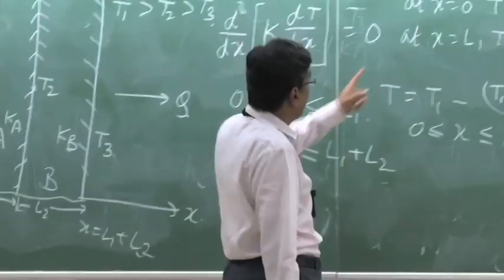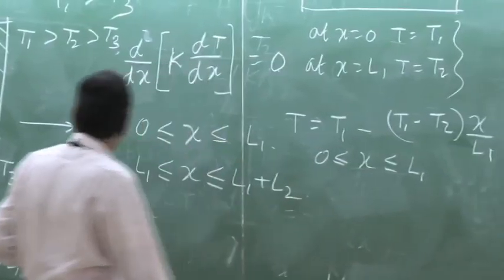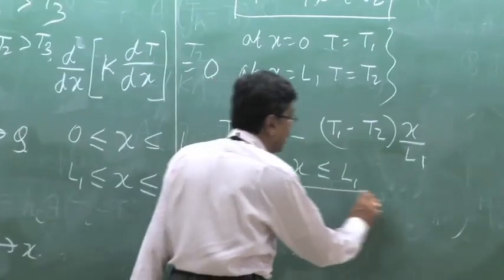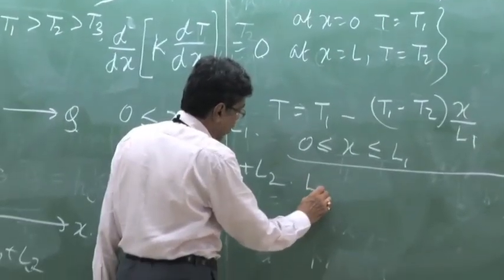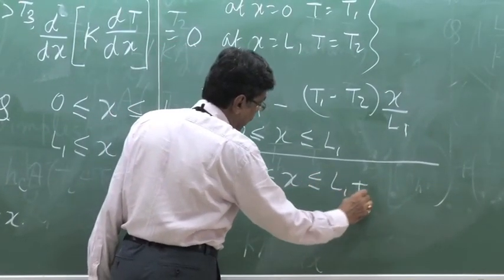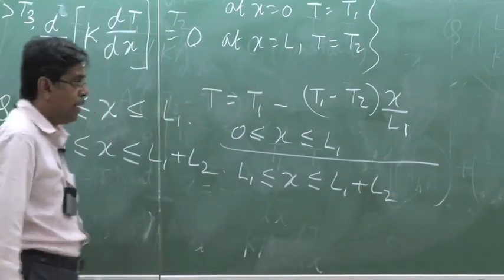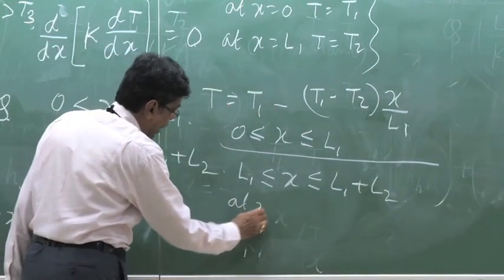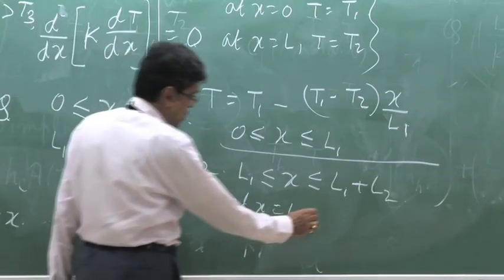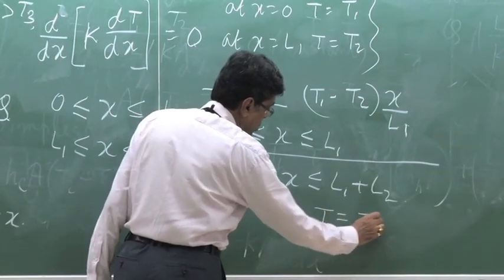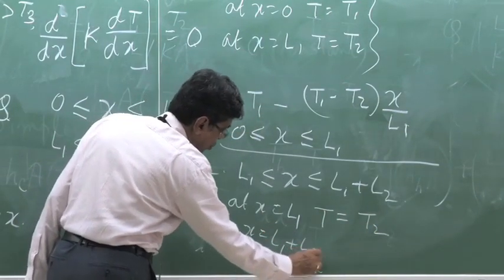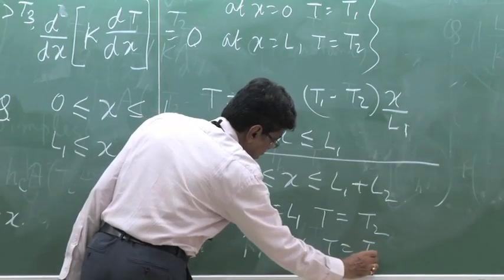Similarly, when we solve for the domain L1 to L1 plus L2, the boundary conditions are: at x equal to L1, T is equal to T2, and at x equal to L1 plus L2, T is equal to T3.